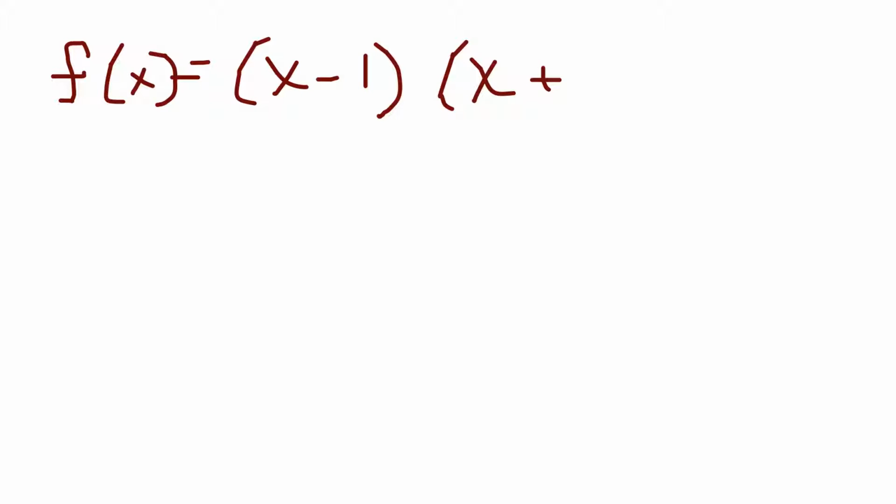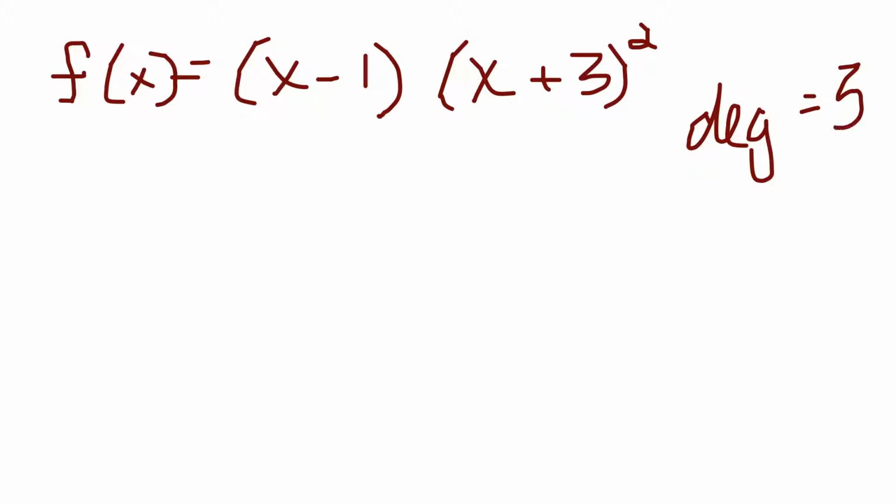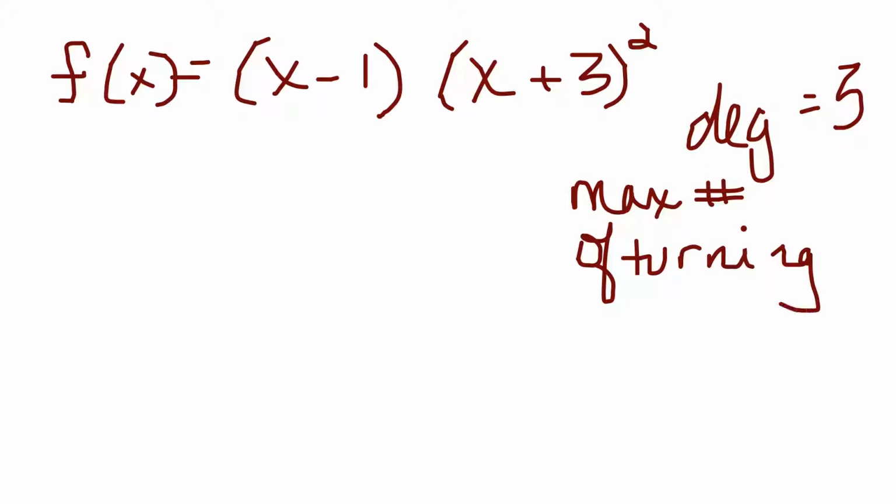All right, let's think of what else we know. So let me recopy this. We have f of x equals x minus 1 times x plus 3 squared. If our degree is 3, I also know that the maximum number of turning points is n minus 1.